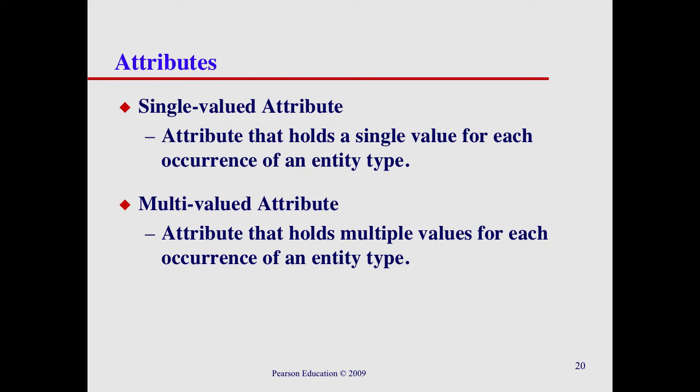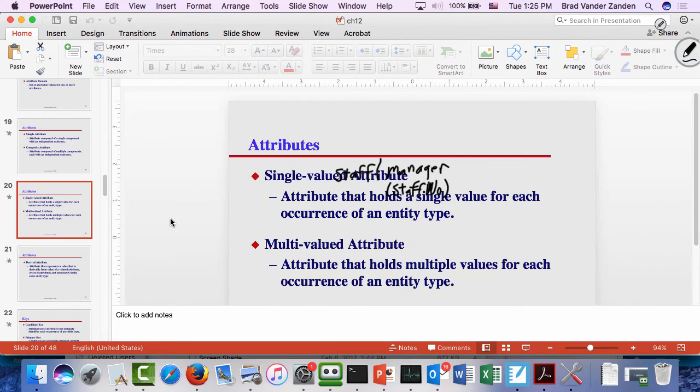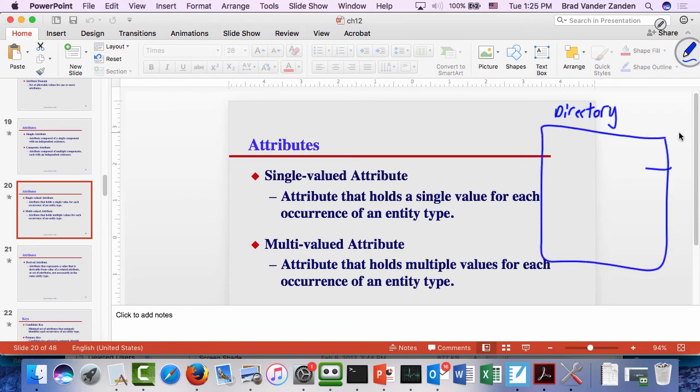So for example, if we have phone number, since it's multi-valued, we would probably create a separate relation called, for example, directory. And directory would have two attributes, branch number and telephone number.